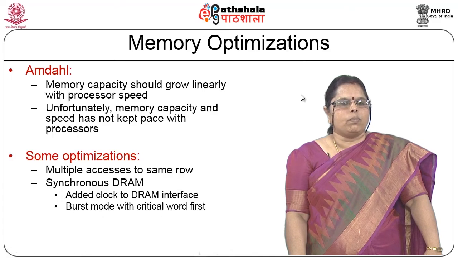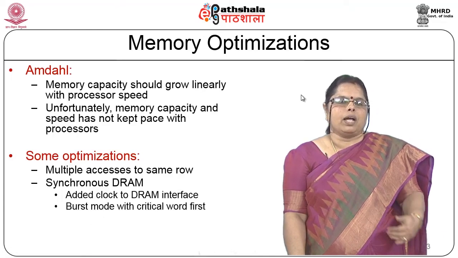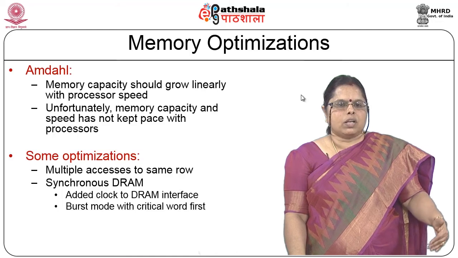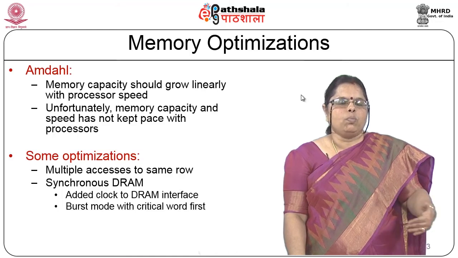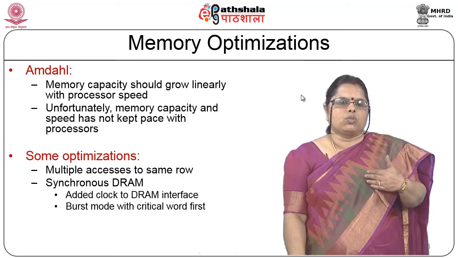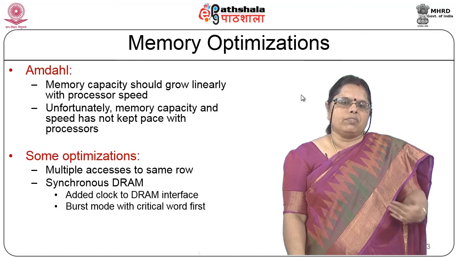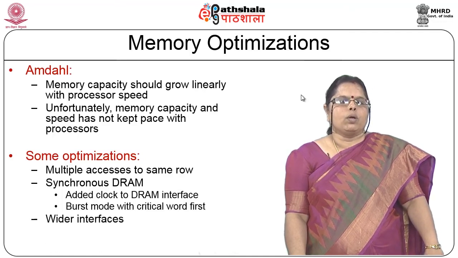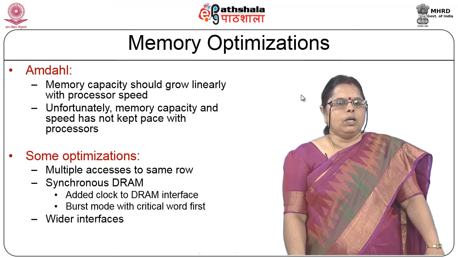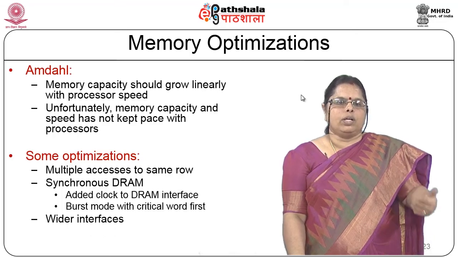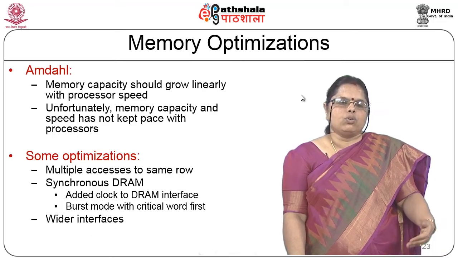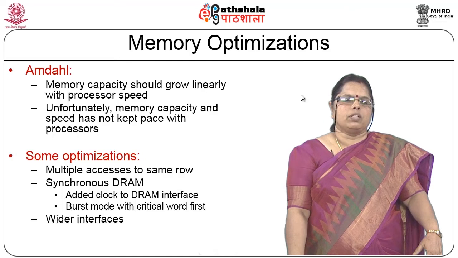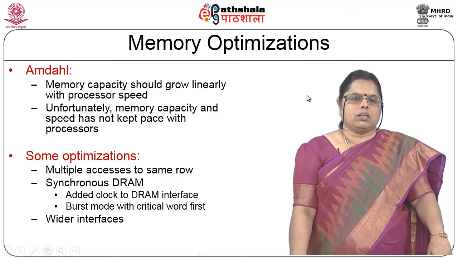One way of optimizing the DRAM that we showed earlier is to look at multiple accesses to the same row. You can transmit the same row address strobe and perform multiple accesses to the same row. You can also look at different technologies. Instead of a simple DRAM, you can look at a synchronous DRAM, where you add a clock to the DRAM interface and also use a burst mode of operation, with a critical word getting transferred first.